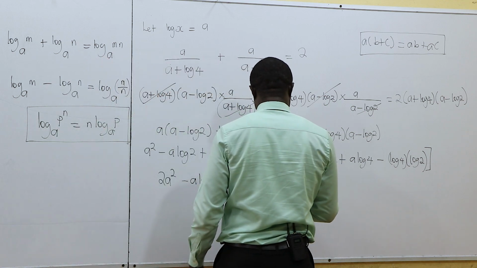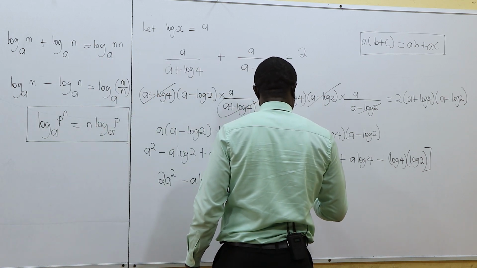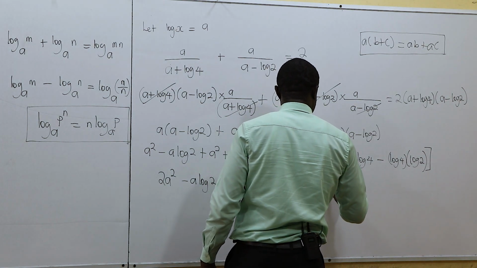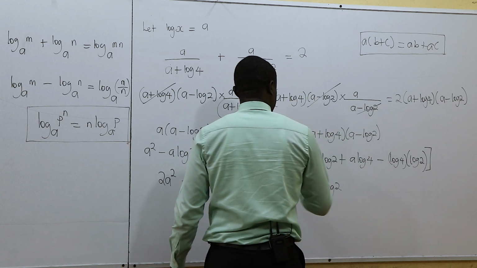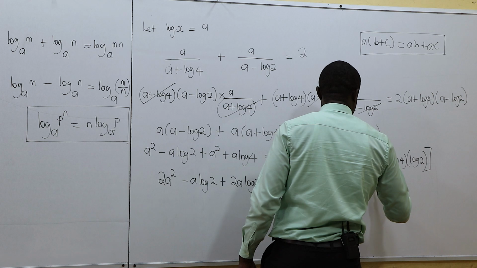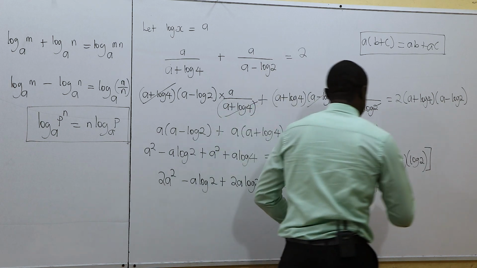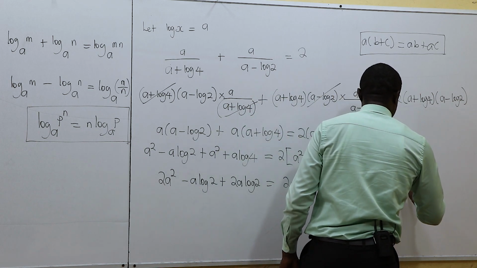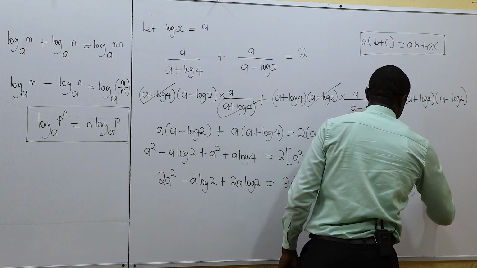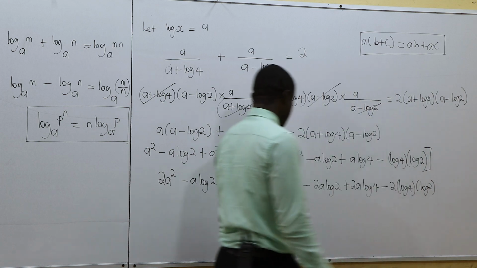Now expanding, 2 times a squared, 2a squared, 2 times this negative 2a log 2, times a here we have plus 2a log 4, 2 times this minus 2 we have log 4 log 2.